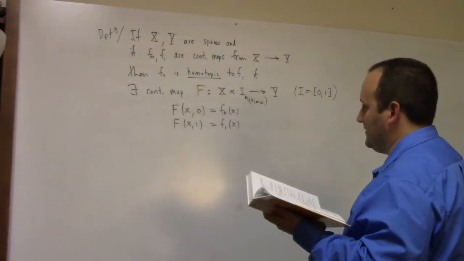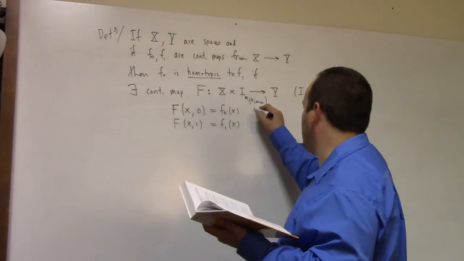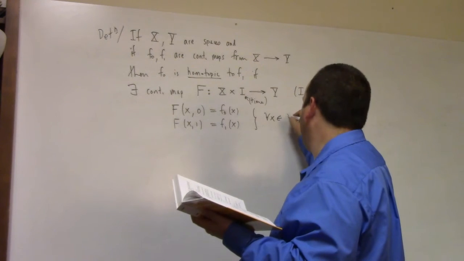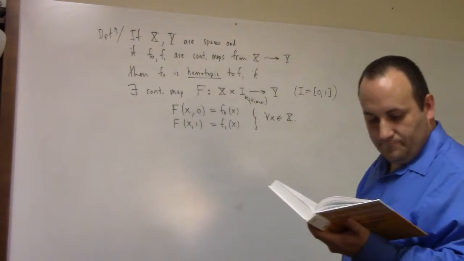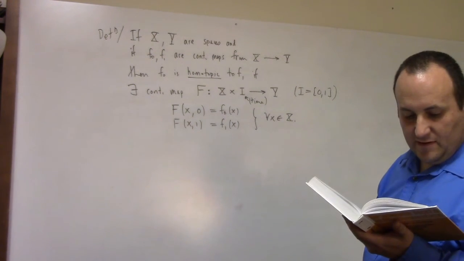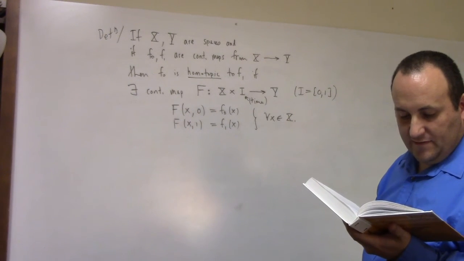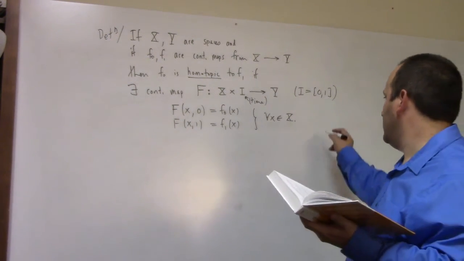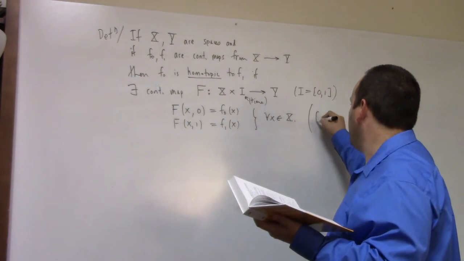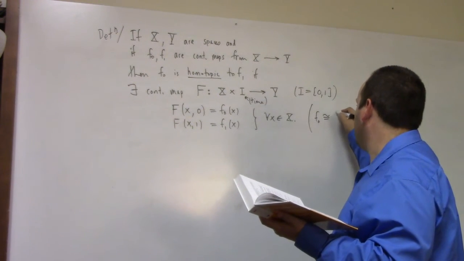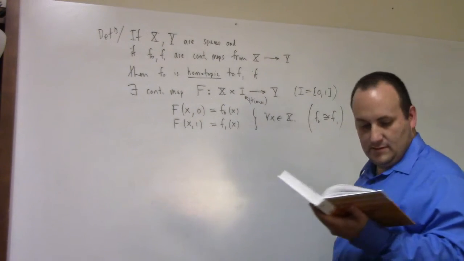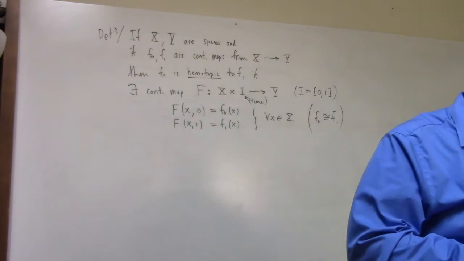Right? And that's true for all X, of course. Alright, such a map F is called a homotopy, and if such an F exists, we usually write F naught homotopic to F1 like that. Okay.